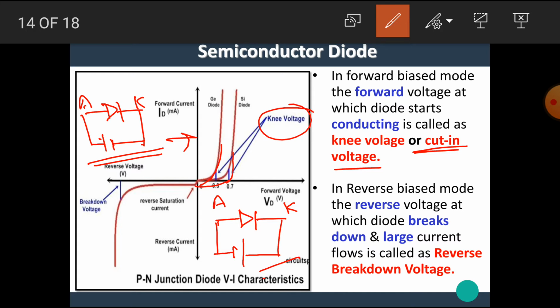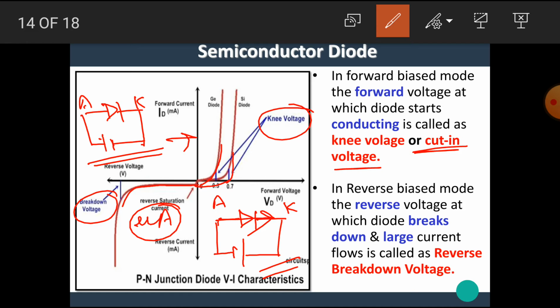In this type of connection, a small current flows in microamperes due to the minority charge carriers, and at a certain value this junction breaks down and large current flows. The voltage at which this junction breaks down is known as the breakdown voltage.